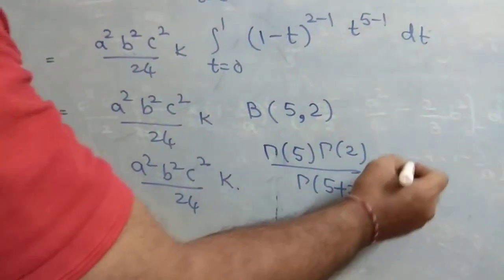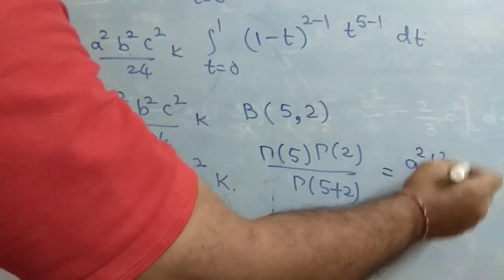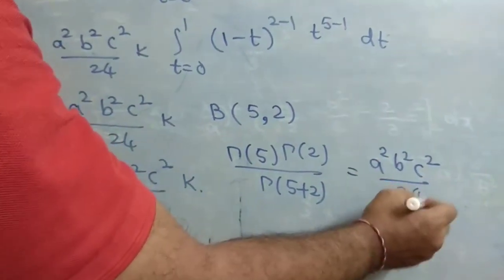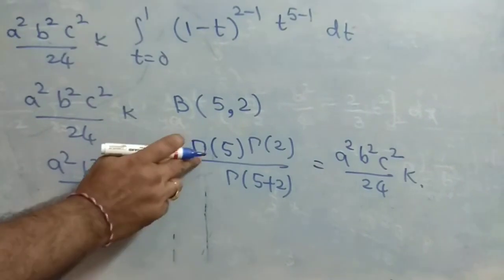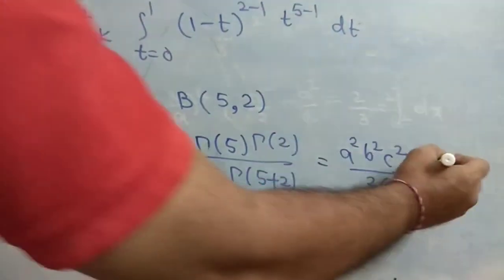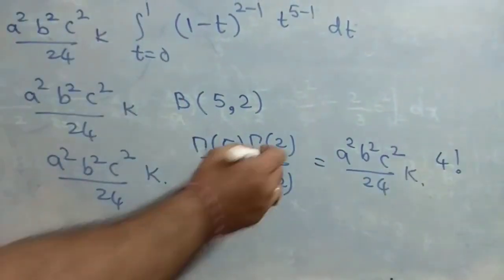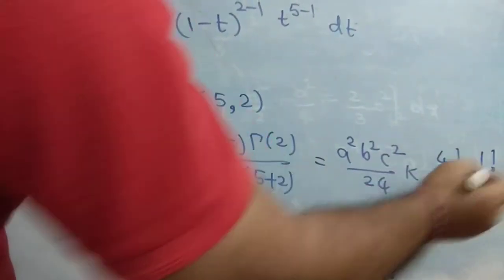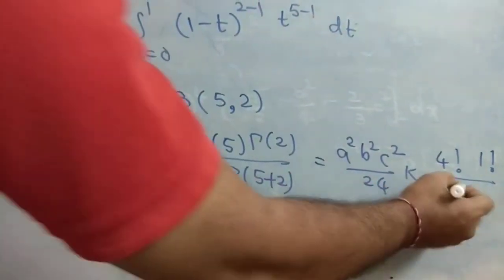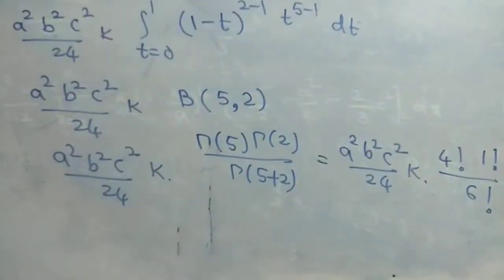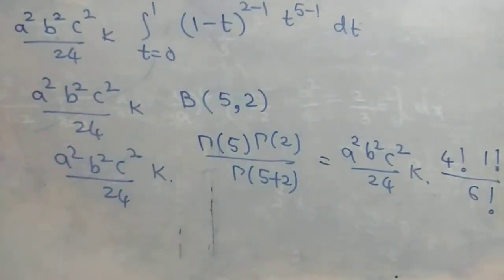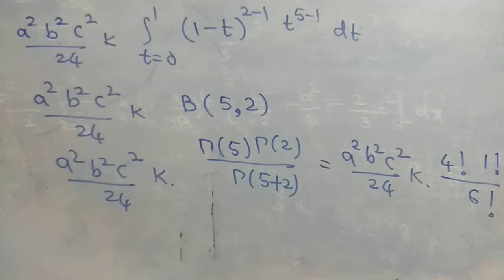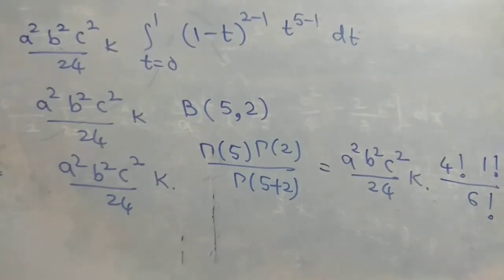So this is exactly a square b square c square by 24, k as it is. Since 5 is an integer, gamma 5 can be taken as 4 factorial, gamma 2 is 1 factorial, divided by gamma 7, which is 6 factorial. So this is your complete final answer of your center of mass corresponding to the equation.